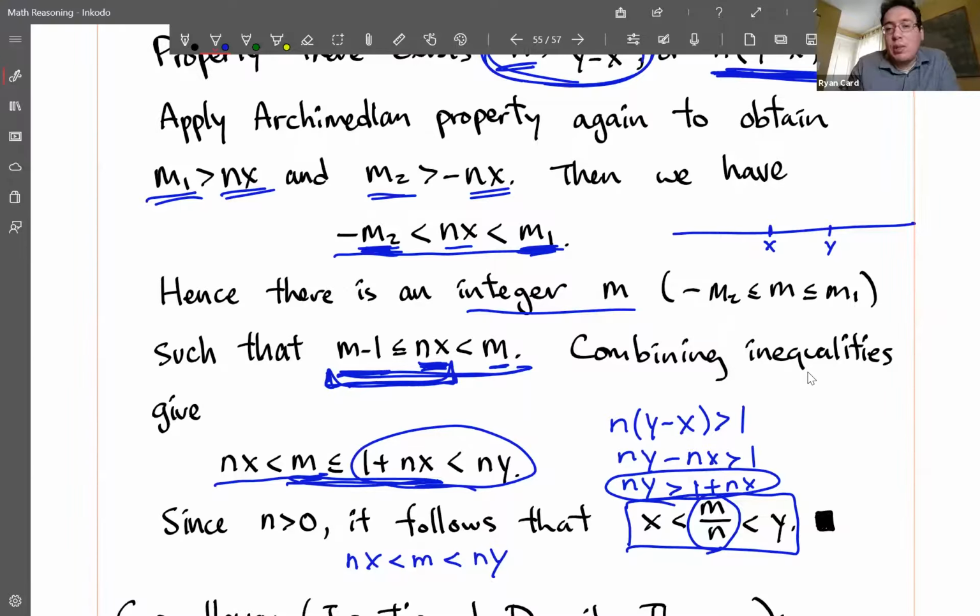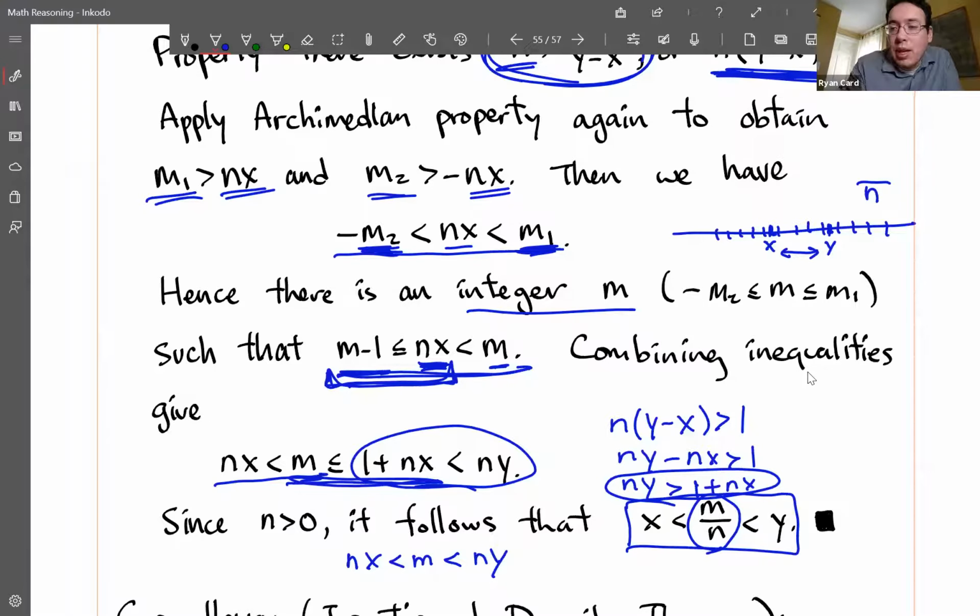We're going to find a rational number by cutting up the real numbers into small enough segments, so we find an n in the denominator that's small enough that you'll get a notch strictly between x and y.